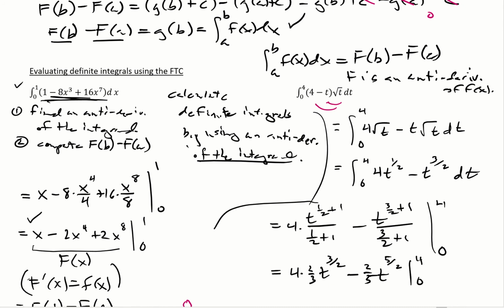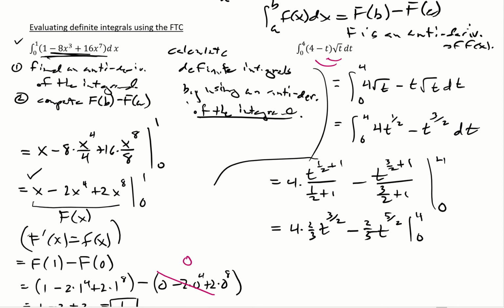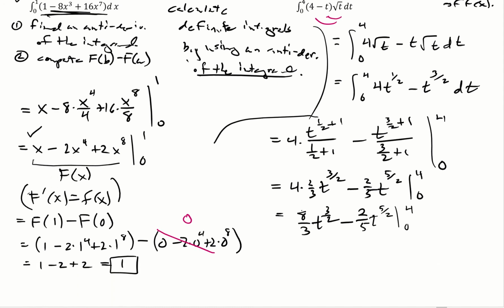So this guy that we have here, and I'll write it again, he's equal to, say, 8 over 3 t to the 3/2 power minus etc., right? From 0 to 4. We now treat that as our function, our capital F. That's our antiderivative. So what do we do? Well, we plug the top limit in first.